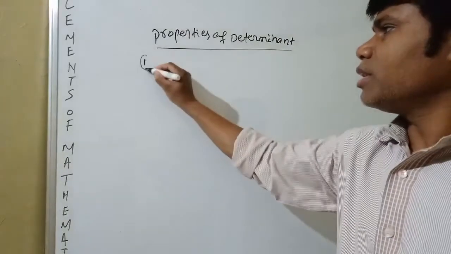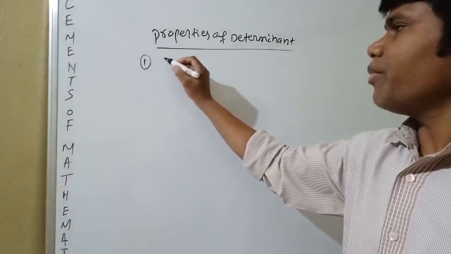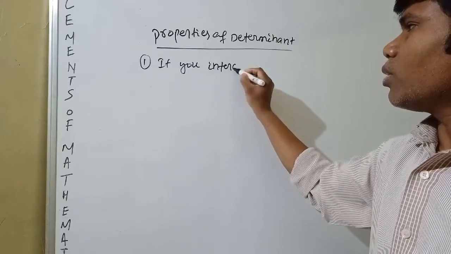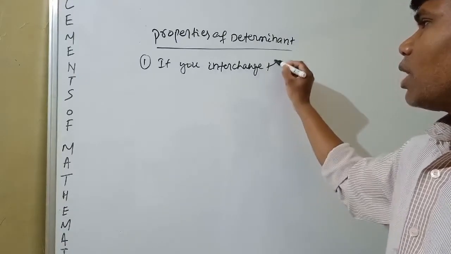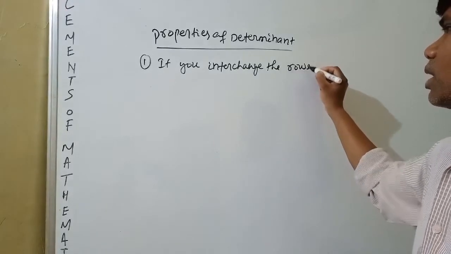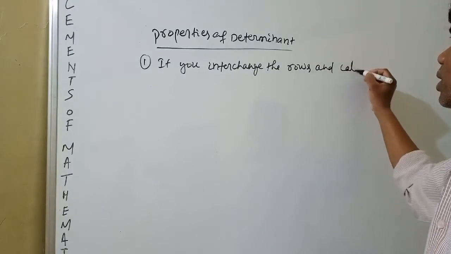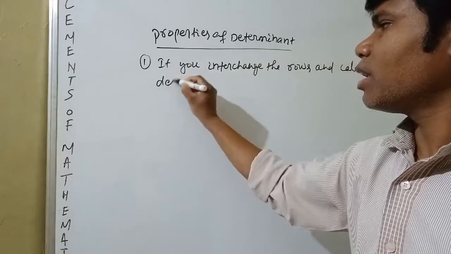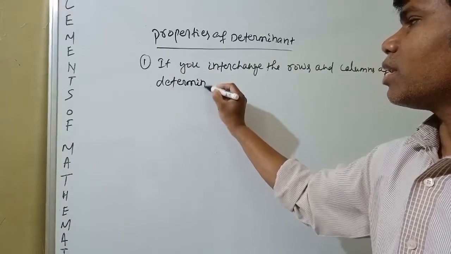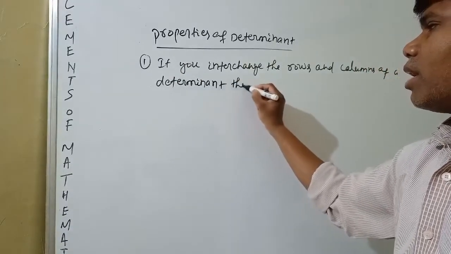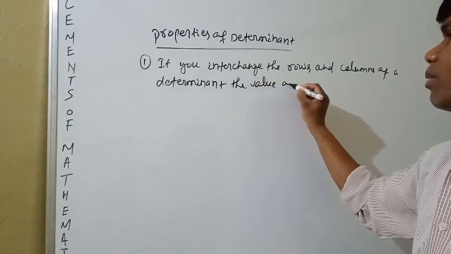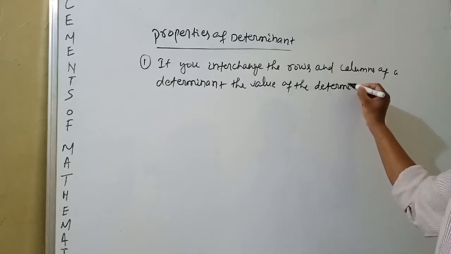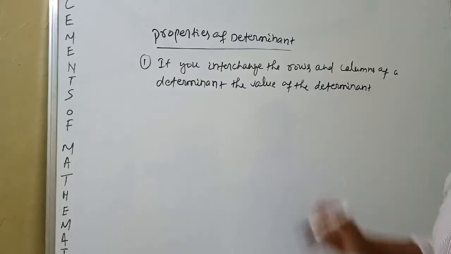The first property is property number 1. If you interchange the rows and columns of a determinant, the value of the determinant does not change.